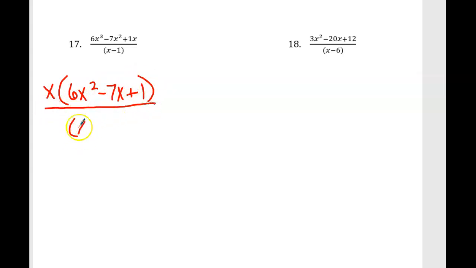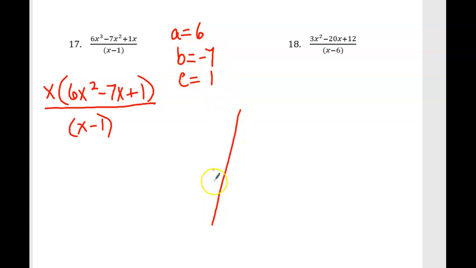All divided by x minus 1. Now I can identify my a is 6, my b is negative 7, and my c is 1. I make my x. 6 times 1 is 6, and then I have a negative 7, so I know I can multiply negative 6 times negative 1. And I'm dividing by that leading coefficient, which is now 6.